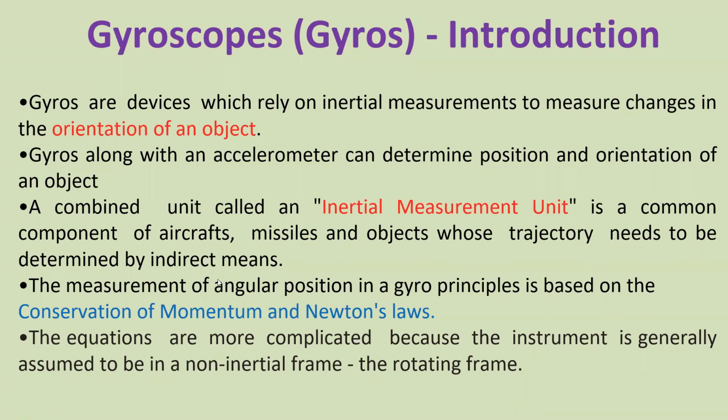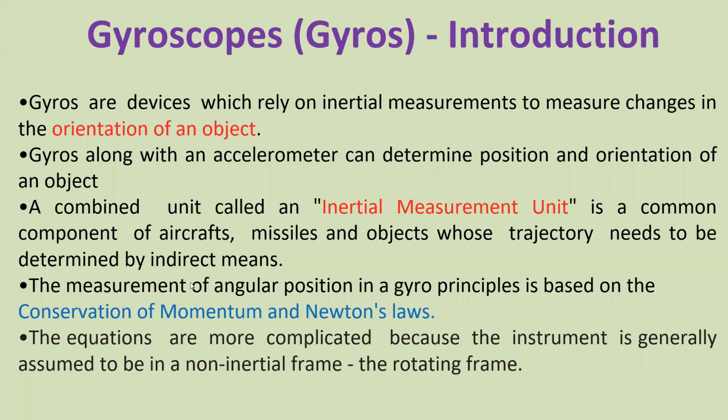So initially, these gyroscopes were designed just to measure the orientation or the angular position of the object with respect to space. But nowadays in gyroscopes, not the angular position or the orientation is measured; as in accelerometers, the angular velocity is measured.